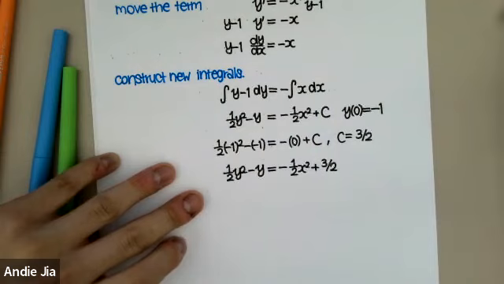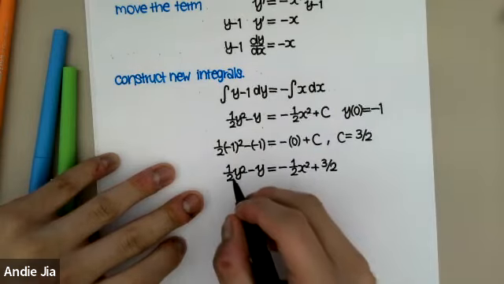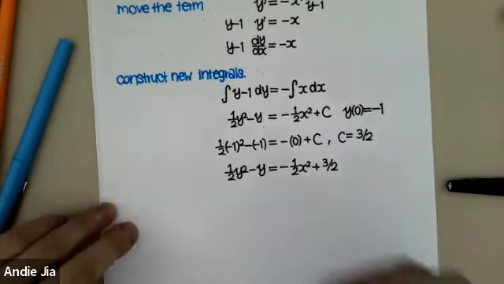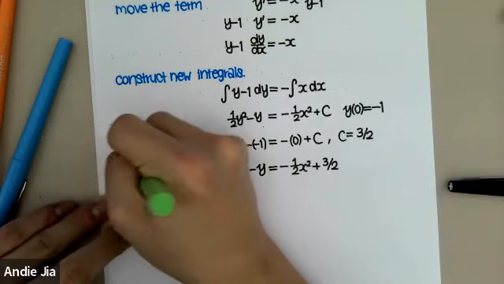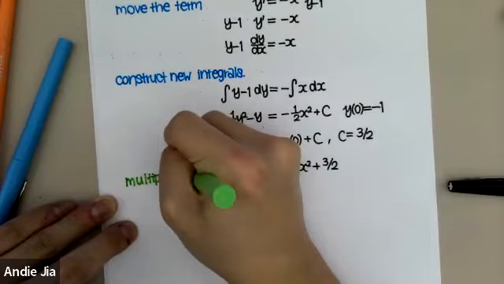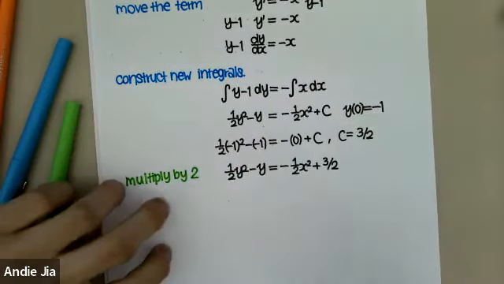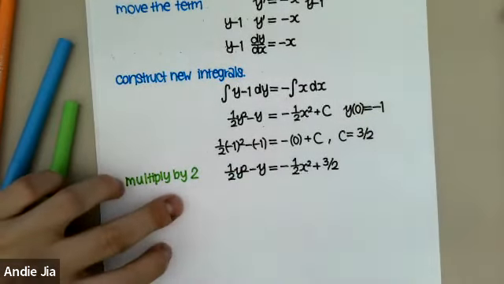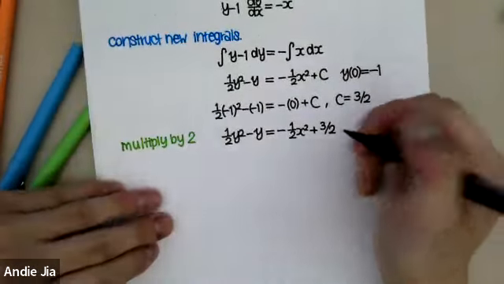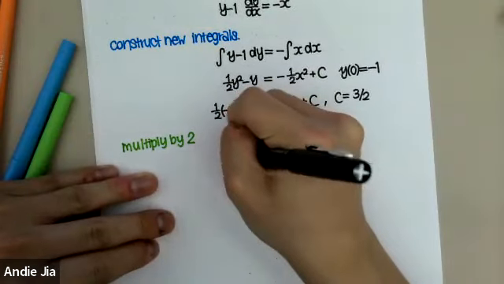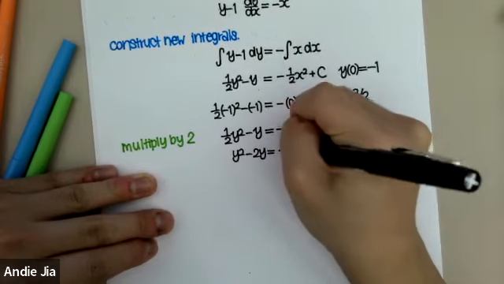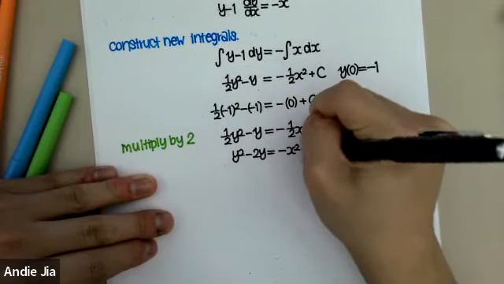Okay, and now we need to get rid of this 2, so I multiply everything by 2. Because there are 1/2s, if you multiply by 2, the equation looks much nicer. We have y squared minus 2y equals negative x squared plus 3.